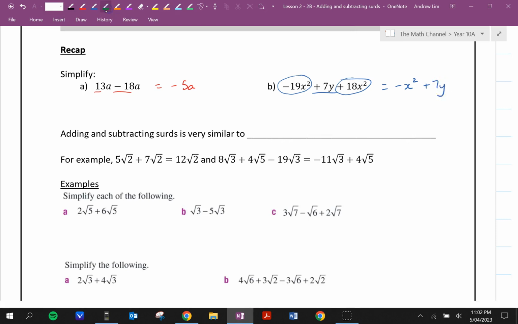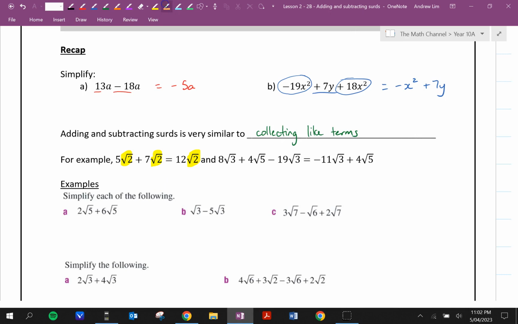Now, adding and subtracting surds is very similar to collecting like terms. So for example, we can see here we've got 5 root 2 plus 7 root 2 is equal to 12 root 2, because 5 plus 7 is 12.